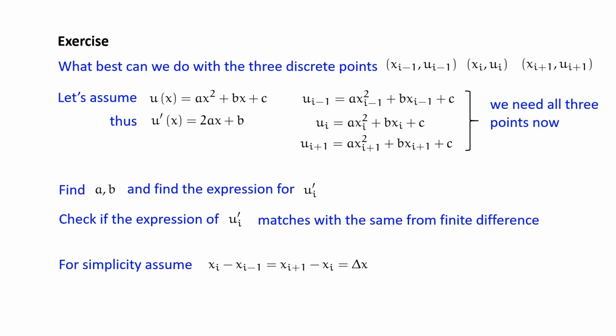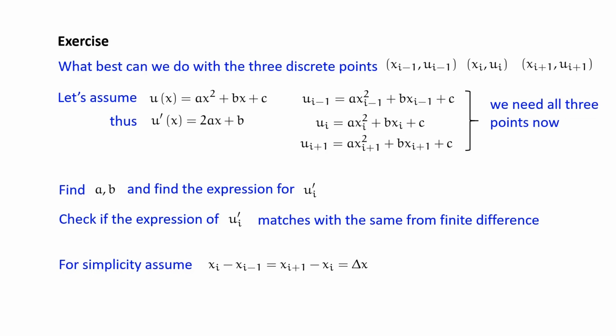So using these 3 equations, you can evaluate a, b and c. In fact, we don't need c, only a and b should be sufficient because my derivative involves only a and b. So you solve these 3 equations, find the expression for a and b, and see if the expression of u_i prime matches the one from the finite difference.